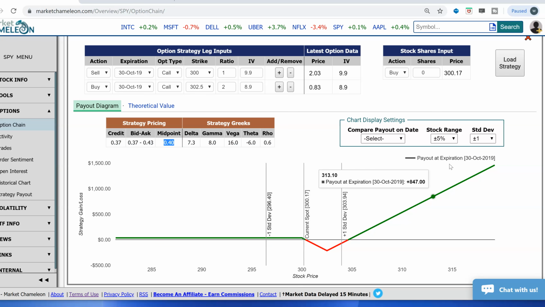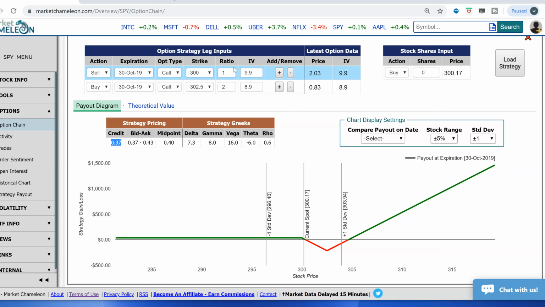Now let's look at this graph over here. We see there are a different range of prices where this trade would be profitable. If the stock just sits here or drifts lower, you basically collect that credit and that's where you profit from.